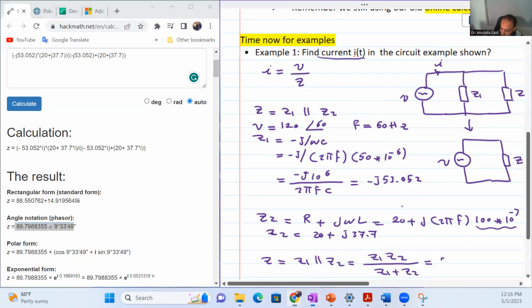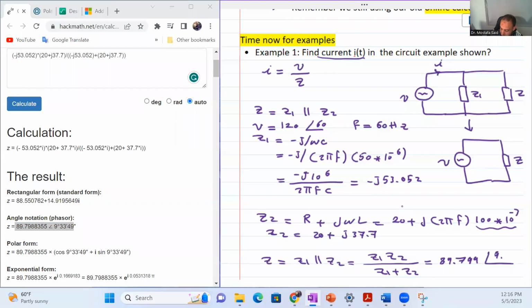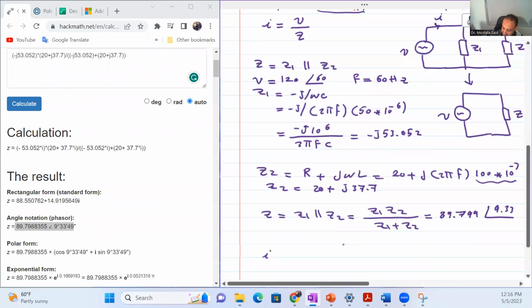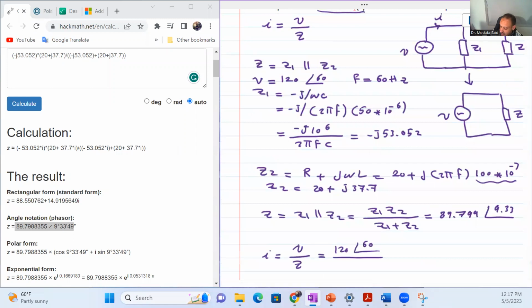So in the polar form, it's 89.8, angle 9.33. Good. Now I is equal to V divided by Z, and V is 120 angle 60, and Z is 89.8 angle 9.33.